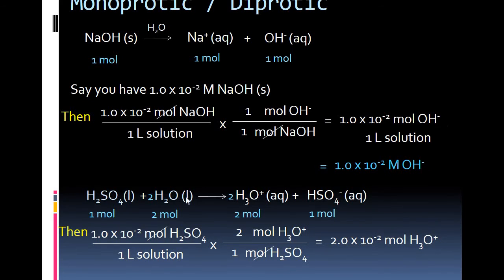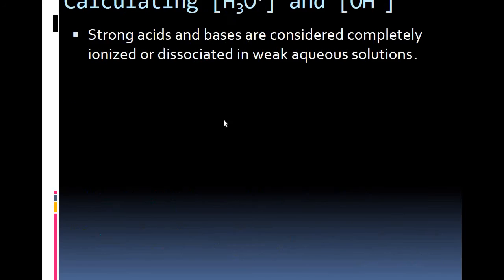You'll get twice the moles of hydronium. So diprotic will do that. If you have a triprotic, you're going to get 3 times the amount. So it's very important to recognize if you have a monoprotic, diprotic, or any polyprotic version of acids or bases. In this case, you're going to get 2.0 times 10 to the negative 2 moles of hydronium.